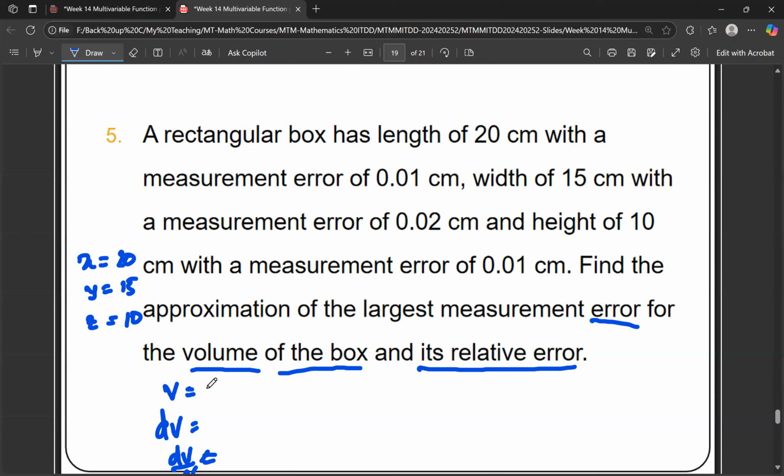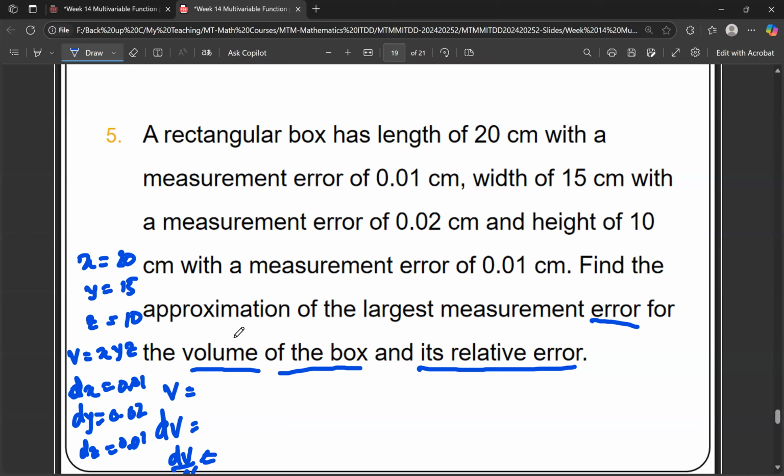The formulation of volume is XYZ, and dx will be 0.01, dy is 0.02, and dz is 0.01. After you get all of these things, please find the V, dV, and dV over V.